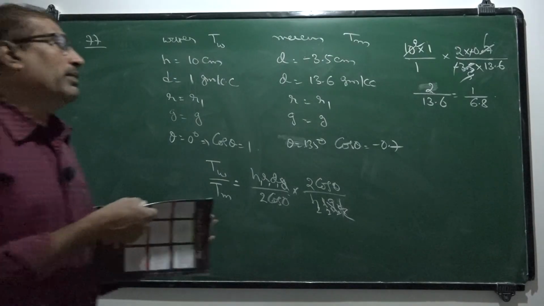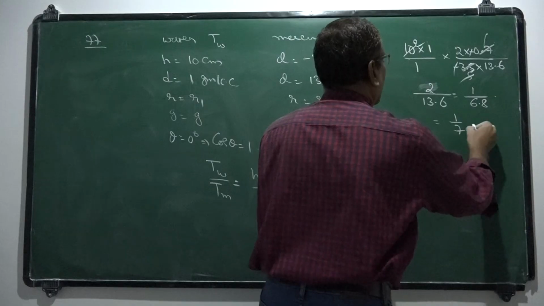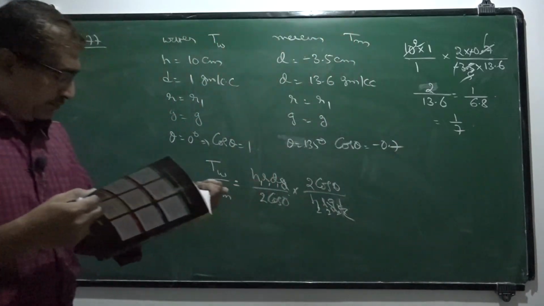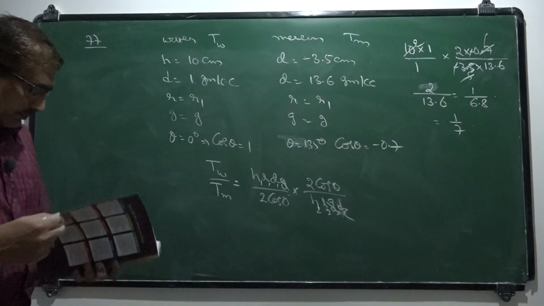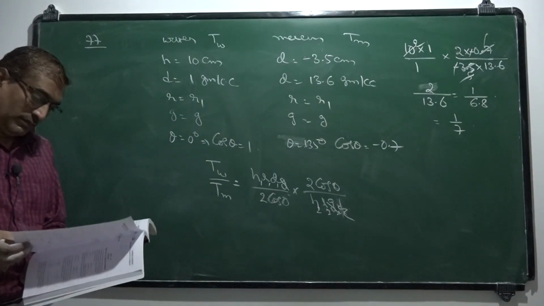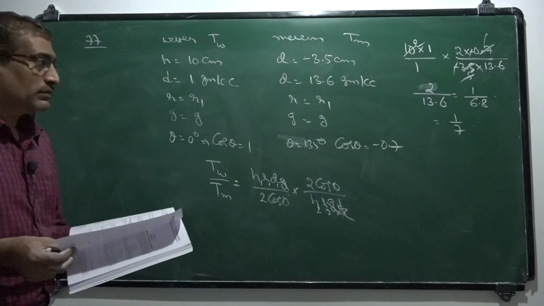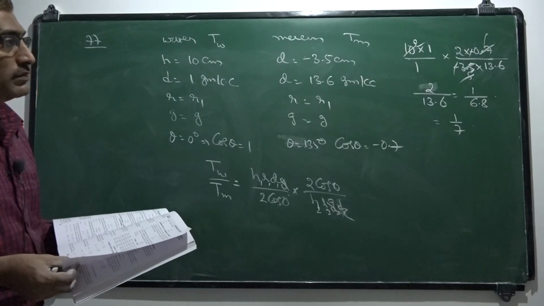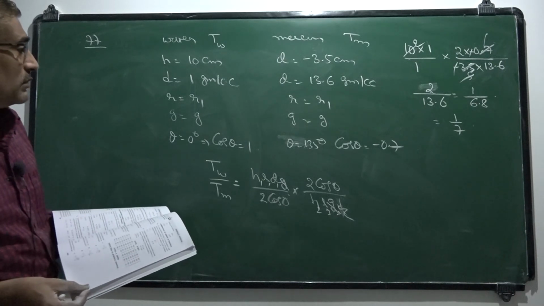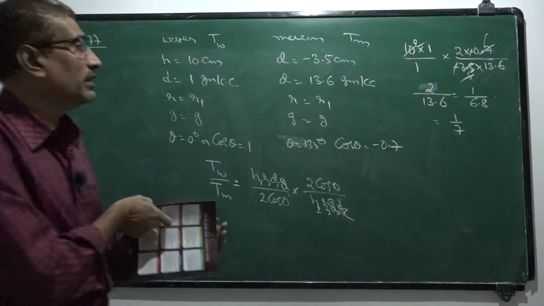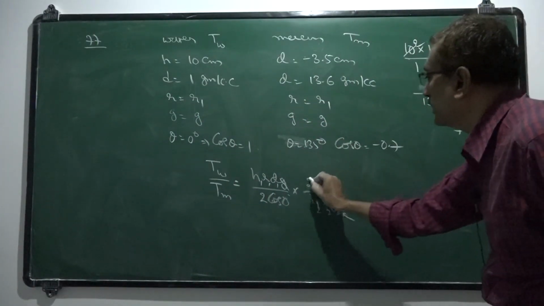Or approximately we can write it as 1:7. One minute. So here no need to write this 2. Okay, 2 will also get cancelled.